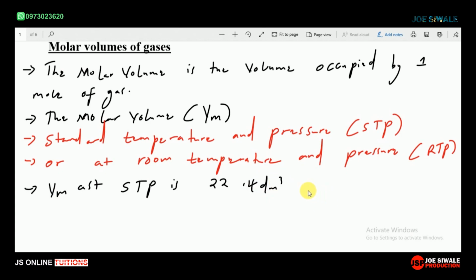Then that at room temperature and pressure, RTP, is 24 cubic decimeters. So you must know 22.4 cubic decimeters as that of standard temperature and pressure, and 24 cubic decimeters as that of room temperature and pressure.